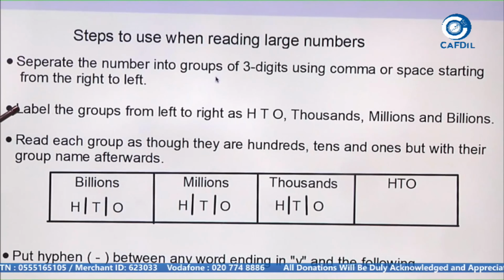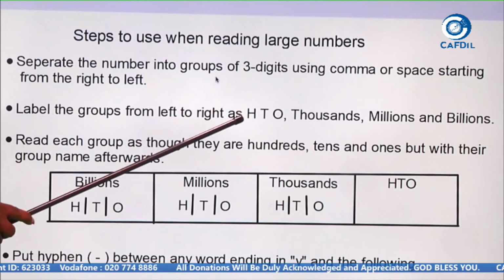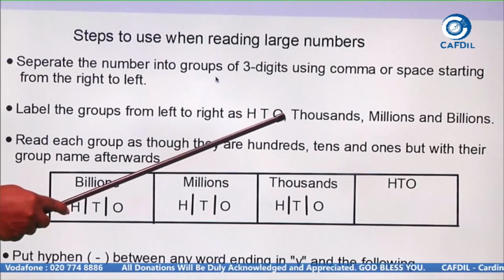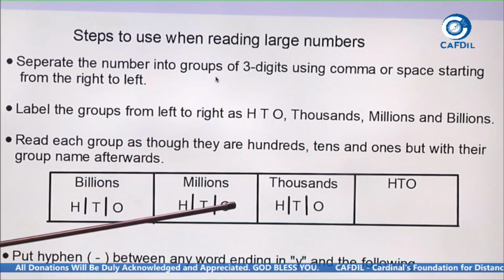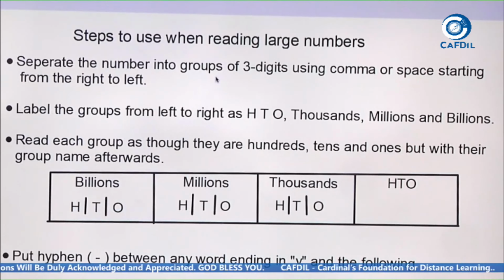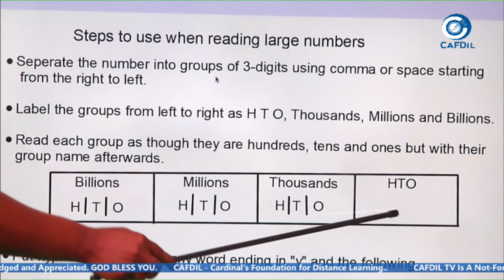So, with the second step, label the groups from left to right as hundreds, tens, and ones, thousands, millions, and billions. This is what we have here. So we have our hundreds, tens, and ones from left to right.